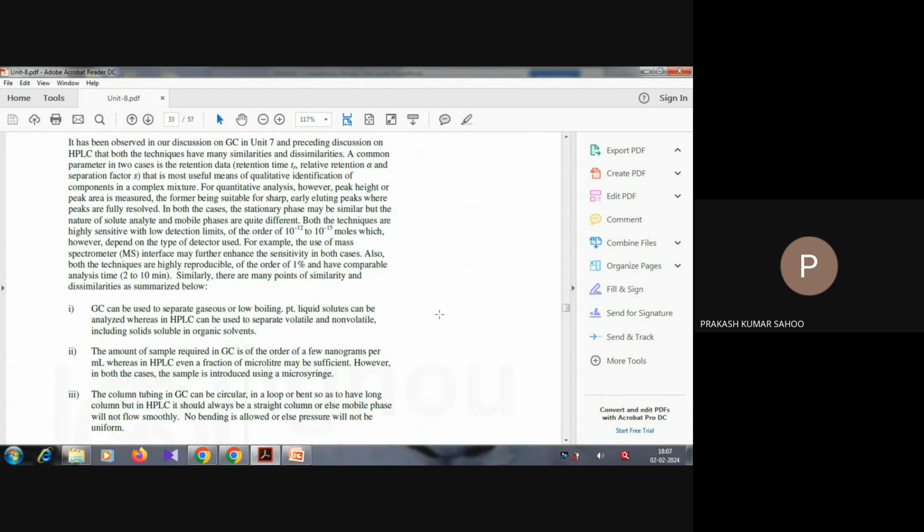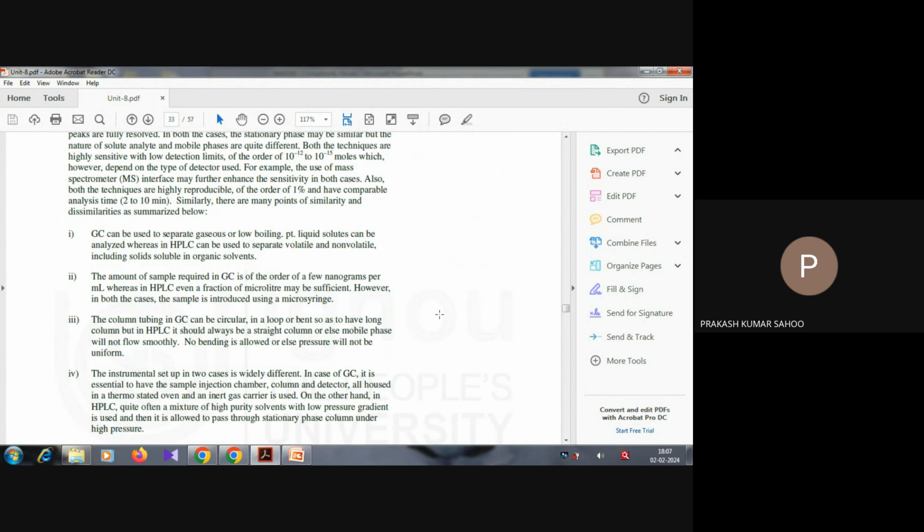In gas chromatography, we can easily separate gases having low boiling point. Liquid solutes can be analyzed. HPLC is used to separate volatile and non-volatile compounds, including soluble inorganic species. So GC separates gas having low boiling point, but HPLC can separate volatile and non-volatile mixtures.